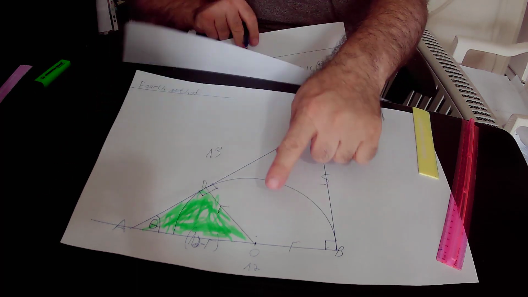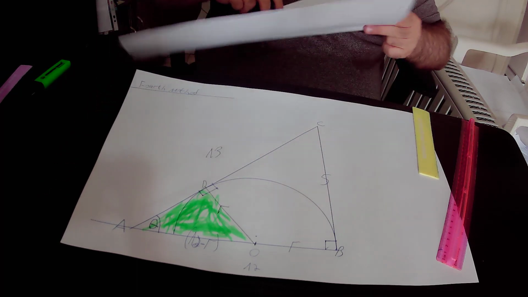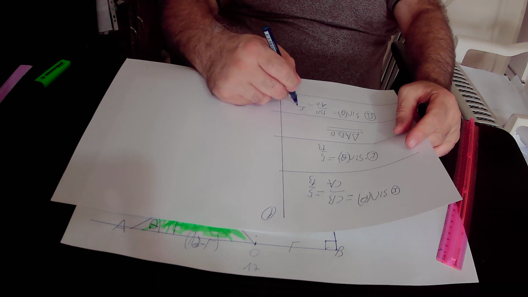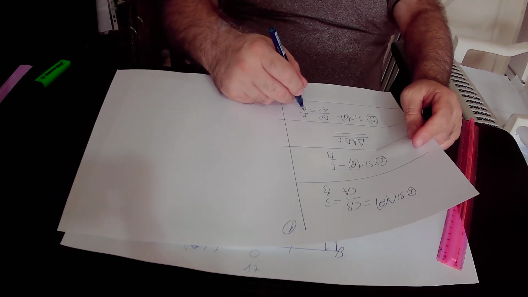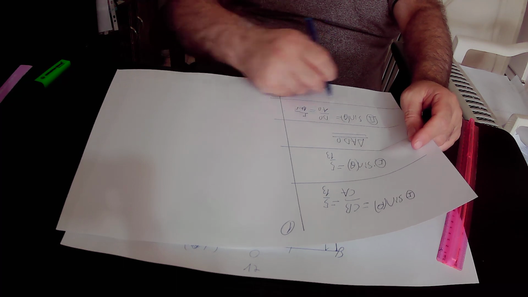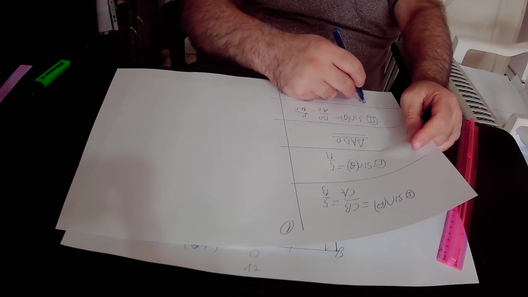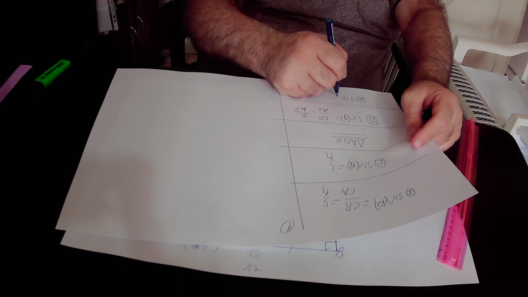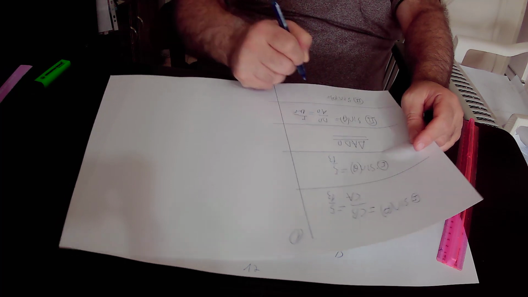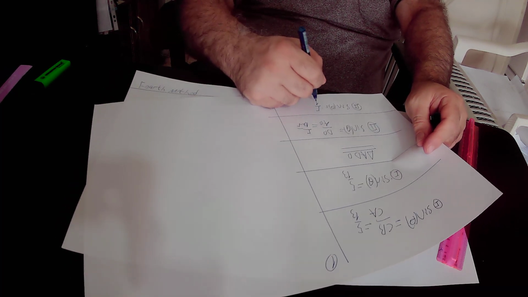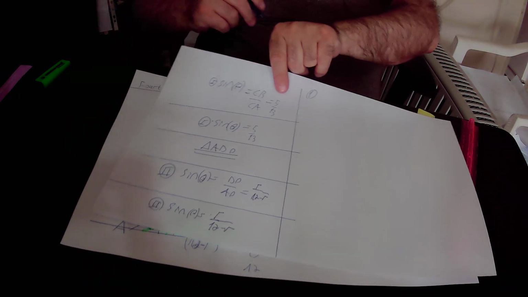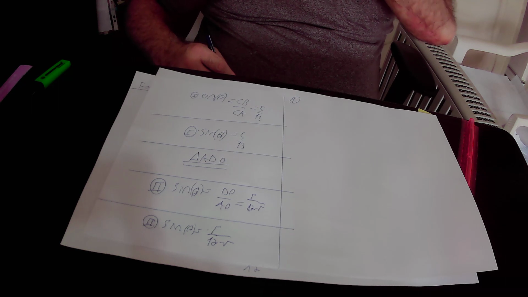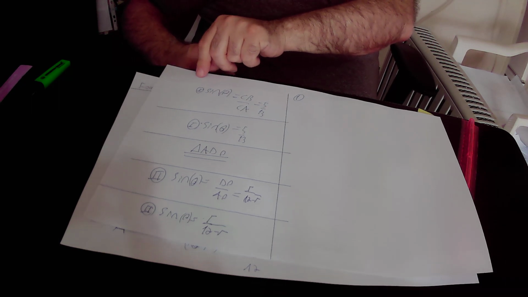We know that DO equals R and AO equals 12 minus R. So in conclusion, according to equation number 2, sine theta equals R over 12 minus R.